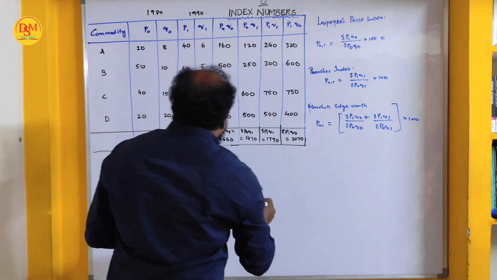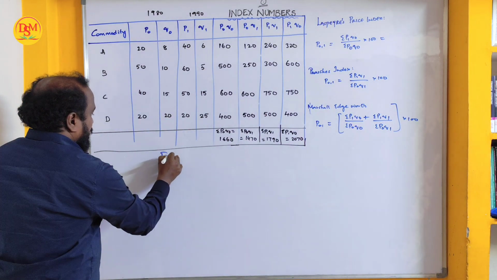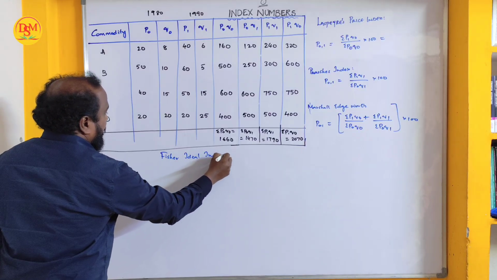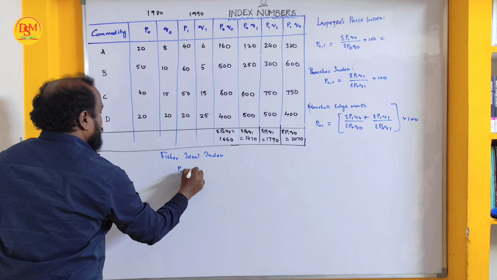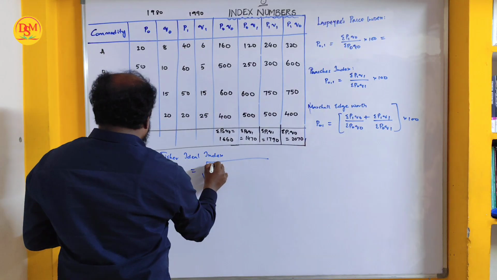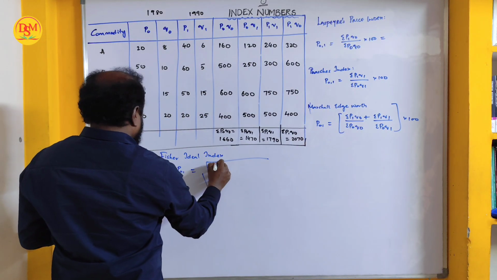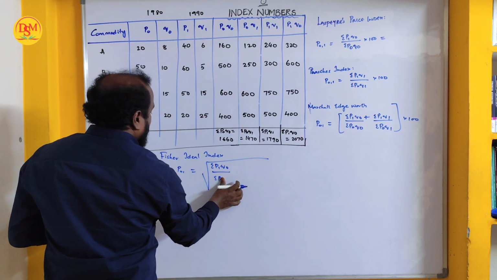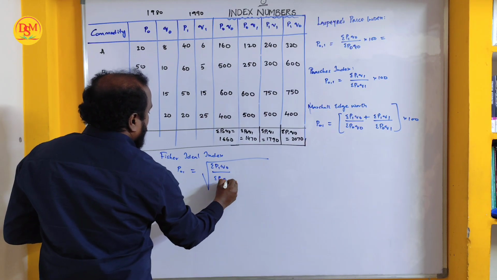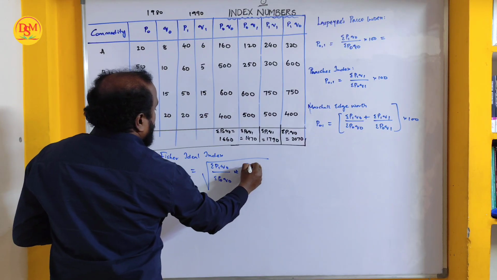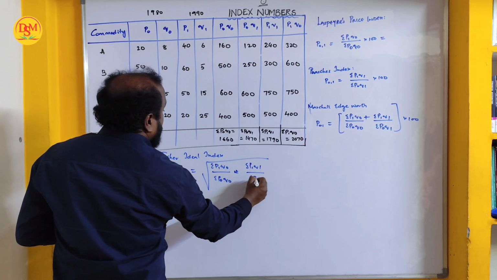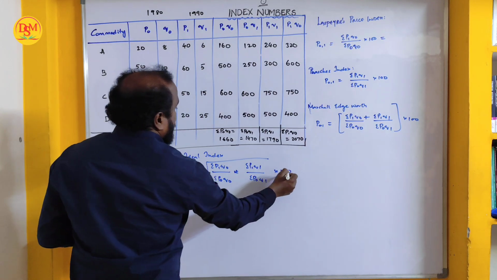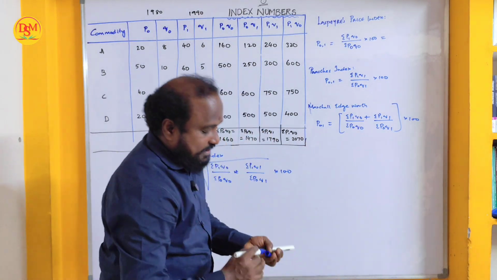Next we'll calculate Fisher's ideal index. P01 is equal to root of P1 Q0 by P0 Q0 into P1 Q1 by P0 Q1, into 100. So this is the calculation we have to make here.